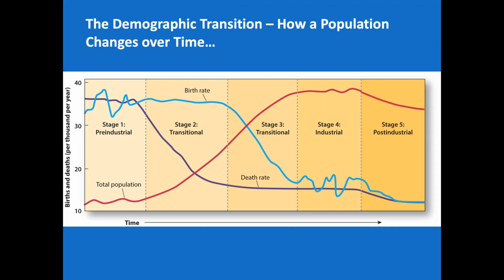And this is roughly where the United States is right now, where there's a low birth rate, but also a lower death rate. And stage five, which is the opposite of stage two, where your population is actually shrinking over time because the death rate exceeds the birth rate. And oftentimes, that's not necessarily a bad thing. It just means that your population is getting older. And that's what's happening right now in the United States. We are getting older as a country.